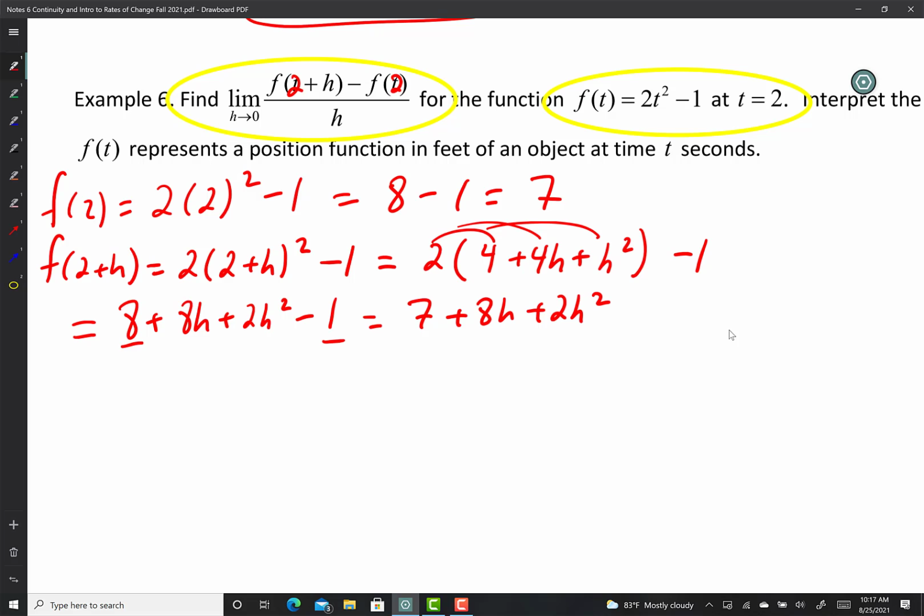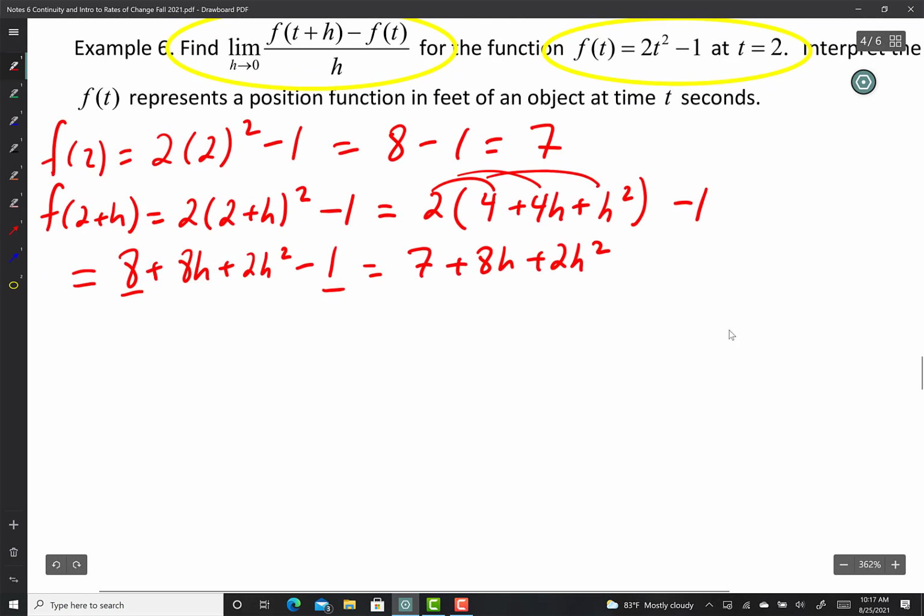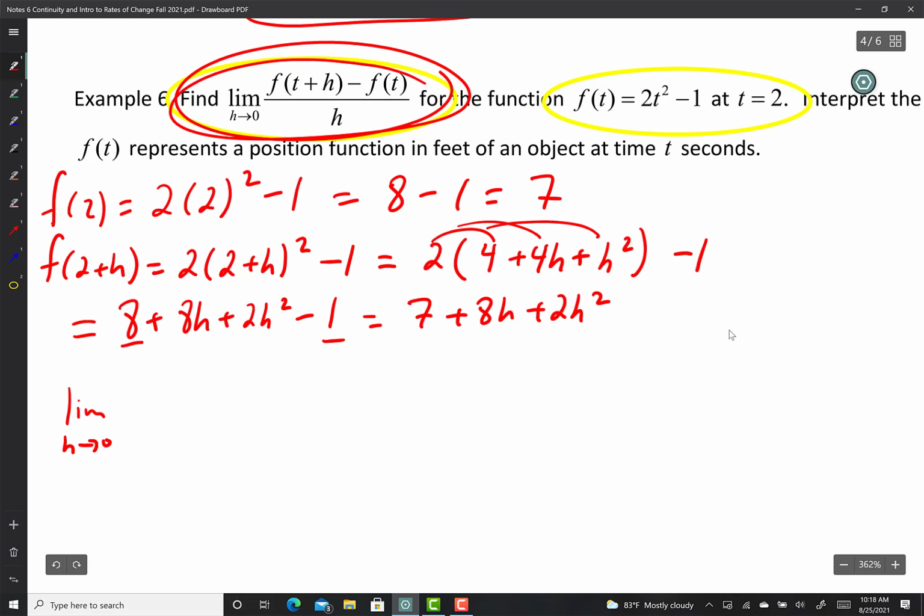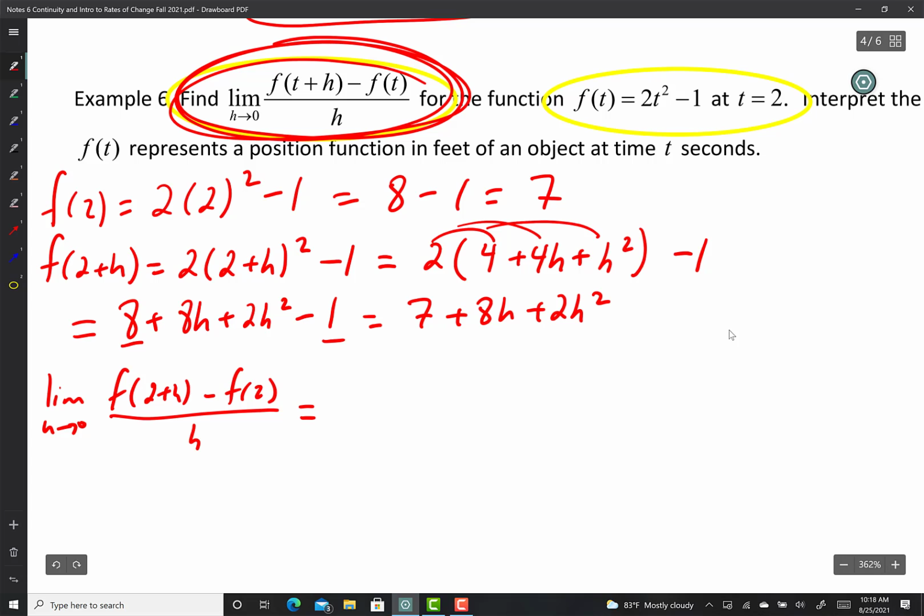So now I'm going to go ahead and do this difference quotient. So here we go. I'm doing this now right here, guys. So I guess maybe I should start by saying that statement first. Limit as h approaches 0 of f of 2 plus h minus f of 2 all over h equals.